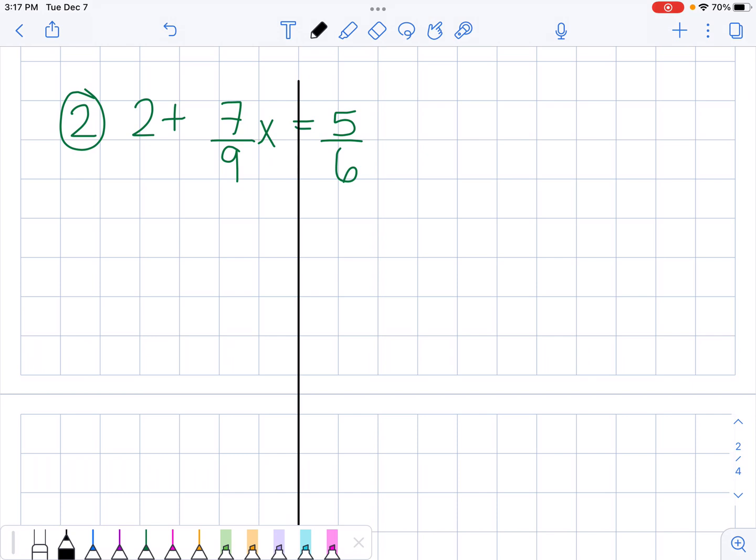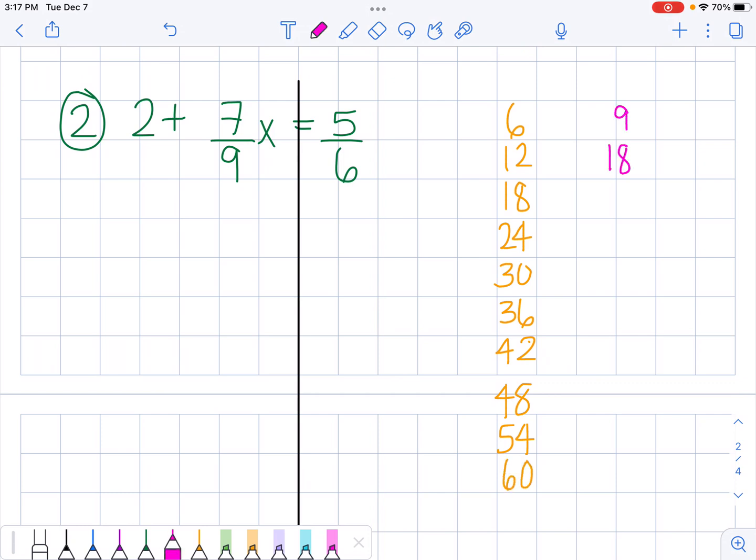Now, do you know the LCD between 9 and 6? If not, let's write out all of our multiples. So I have 6, 12, 18, 24, 30, 36, 42, 48, 54, 60, and for 9, 18, 27, 36, 45, 54, 63.